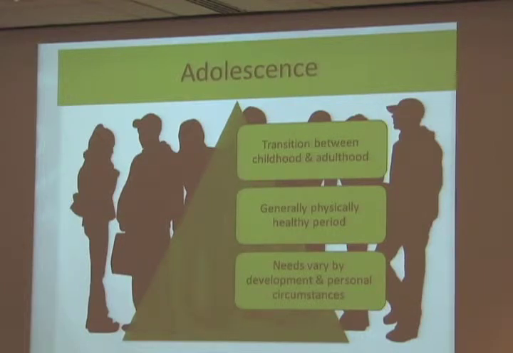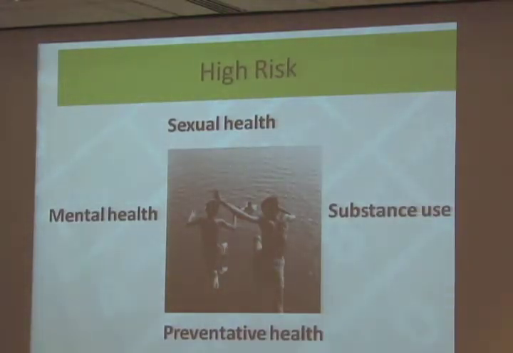So, that puts this group of people at a very vulnerable time. And so that's why they're more at risk for risk-taking behaviours, both in their sexual health, substance use, mental health, a wide variety of things. And so preventative health is very, very important.